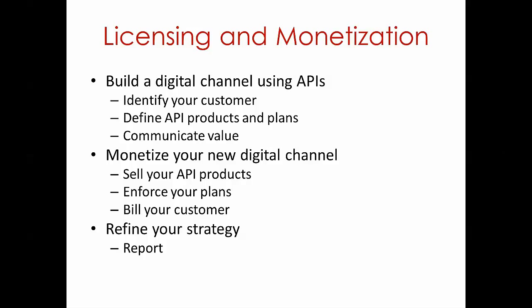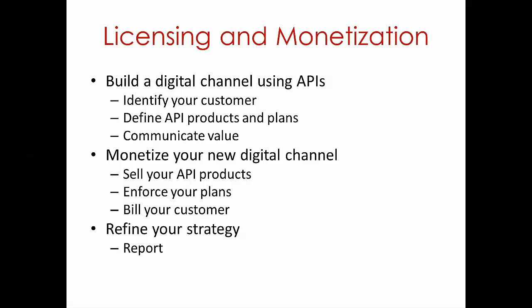The first is to actually build this channel, which implies that you need to identify your customer, you need to identify the API products and plans, and you need to be able to communicate their value. In other words, you need to figure out your go-to-market strategy. Secondly, you need to be able to monetize this new digital channel.